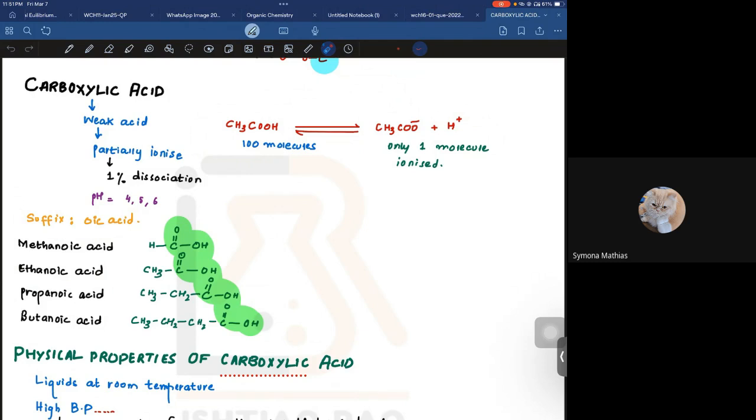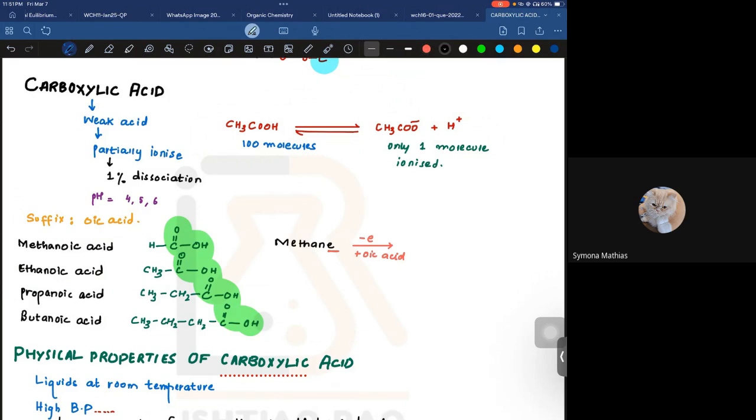Like methane to methanoic acid: it has only one carbon atom, so I would write methane, then remove this E and just add oic acid.